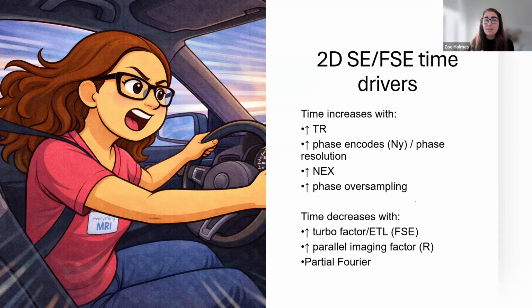So a practical strategy can be that if you need to shorten a two-dimensional fast or turbo spin echo, first consider a moderate reduction in your phase encoding and a moderate increase in your echo train length if image sharpness remains acceptable. So you're wanting to watch out for that blur introduction. If you need more signal to noise ratio and you can tolerate the time cost, consider your averages.